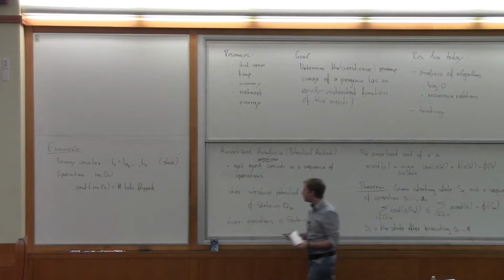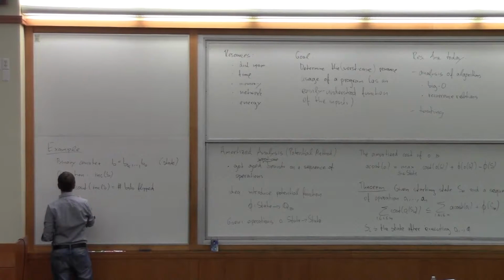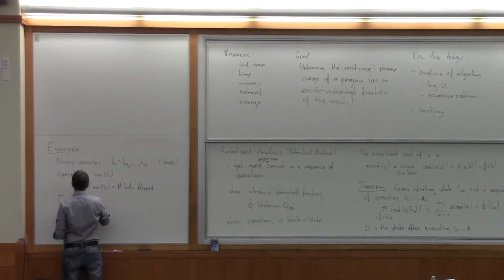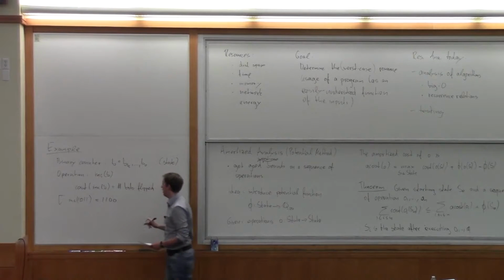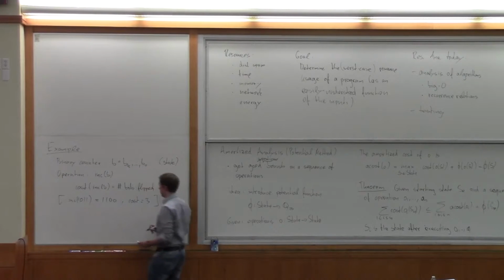So for example, if you have the increment of 1, 0, 1, 1, then the answer is 1, 1, 0, 0, and the cost is 3.